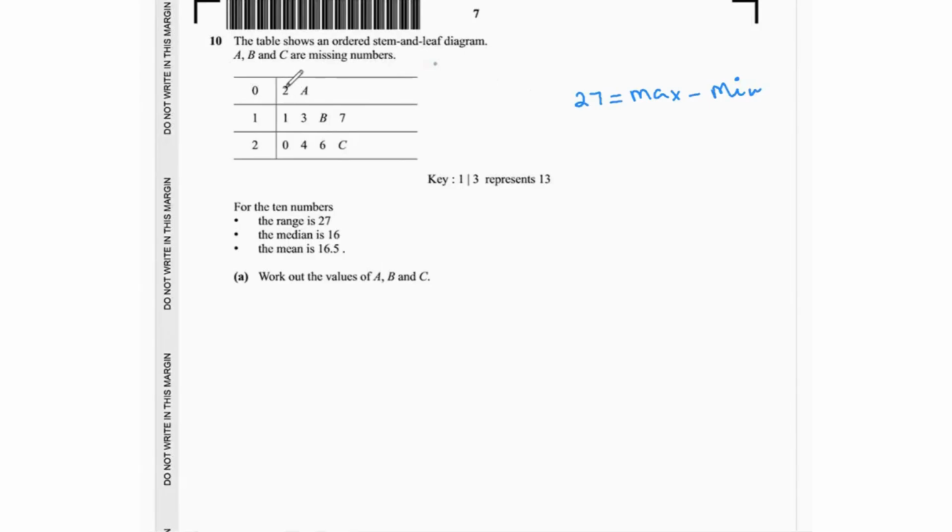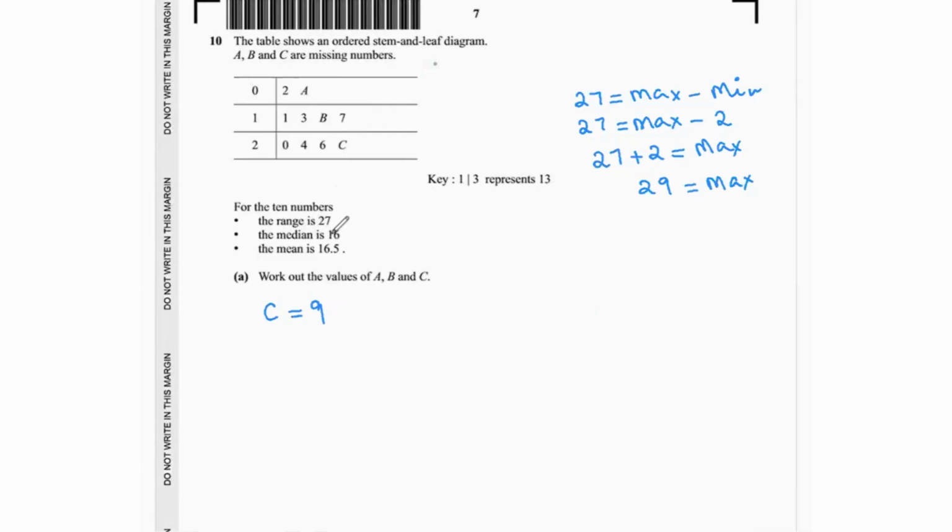So minimum value is 2 and maximum is given as something. So if I write maximum over here, minus 2, so 27 plus 2 is our maximum value, which is 29. So that means C is going to be 9 because the tens are already given on the left-hand side.